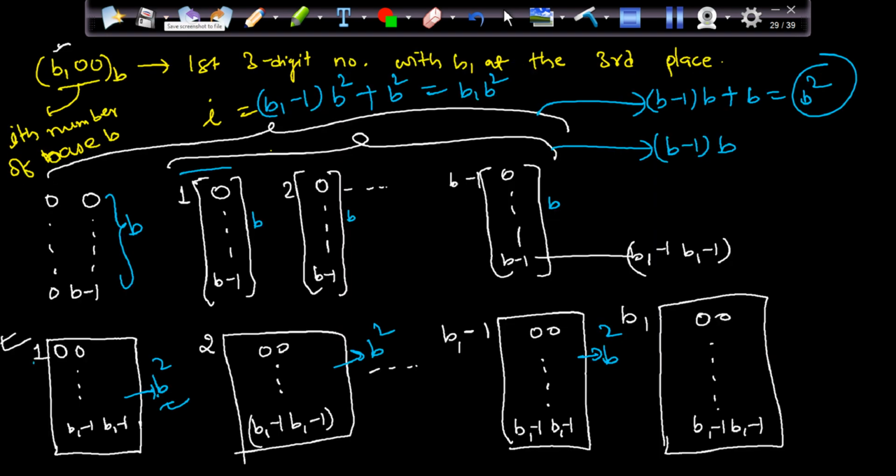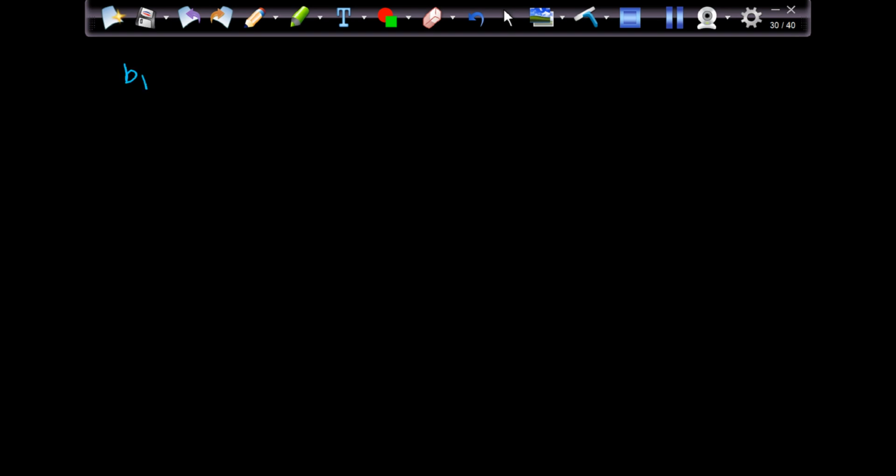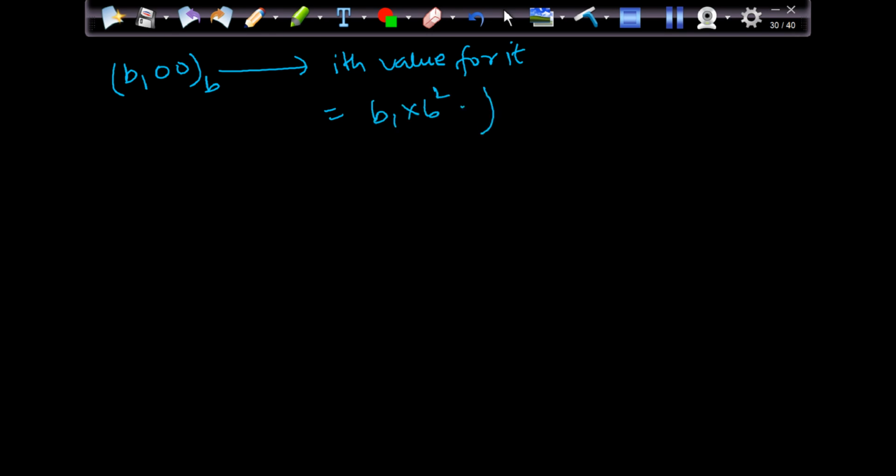So for b1 0 0 in base b, the value is b1 into b square plus 0 into b power 1 plus 0 into b power 0.